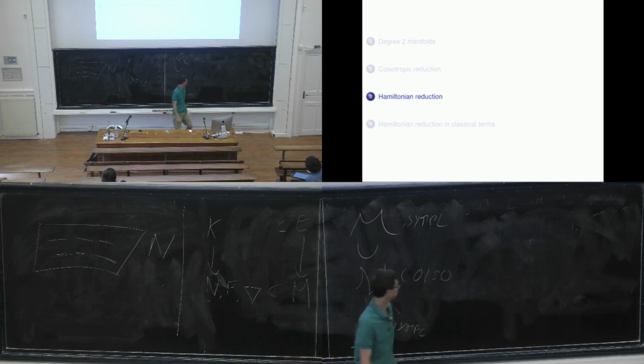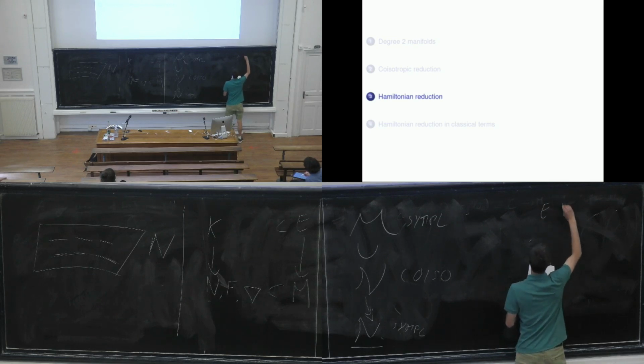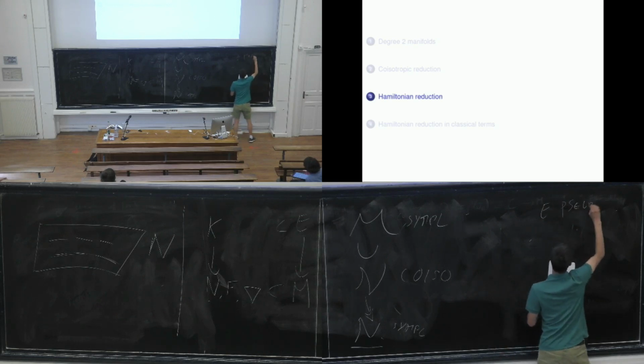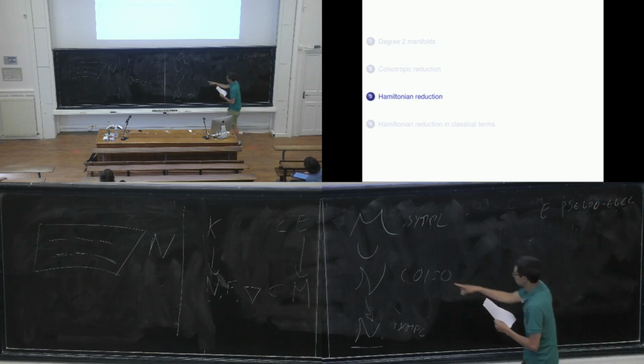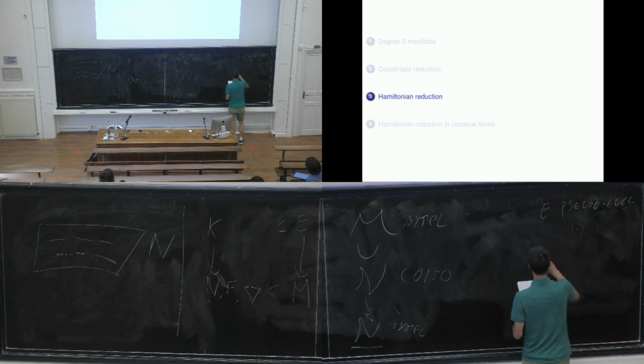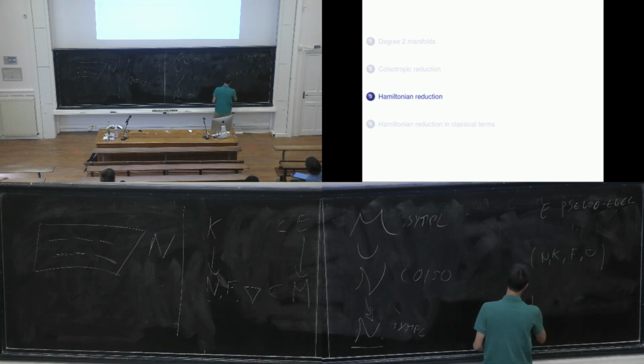On the classical side, this corresponds to a pseudo-Euclidean vector bundle. The coisotropic submanifold corresponds to this funny subbundle F, and the quotient is this vector bundle over the leaf space N mod F.